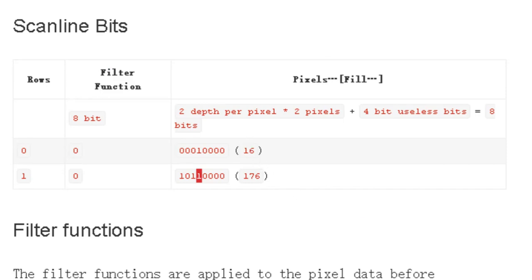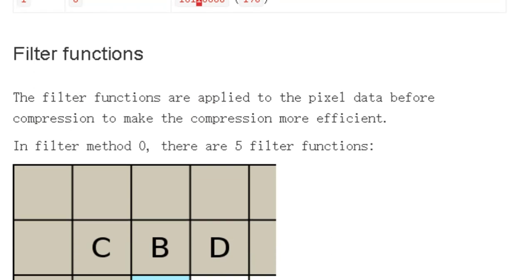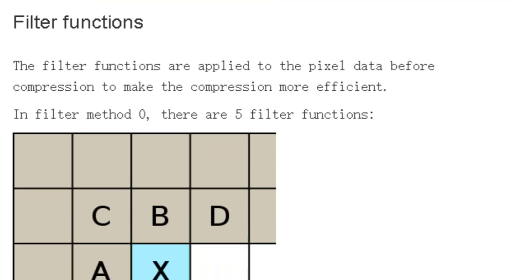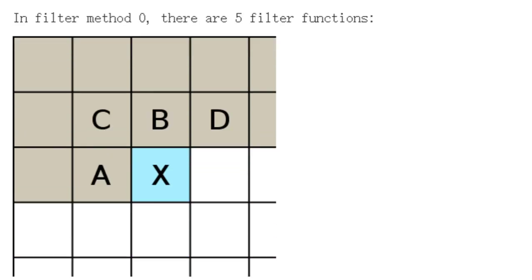Let's keep going. Filter functions. The filter functions are applied to the pixel data before compression to make the compression more efficient. In filter method 0, there are 5 filter functions.